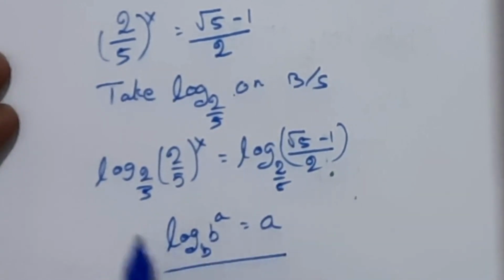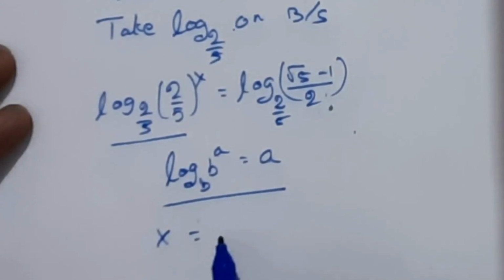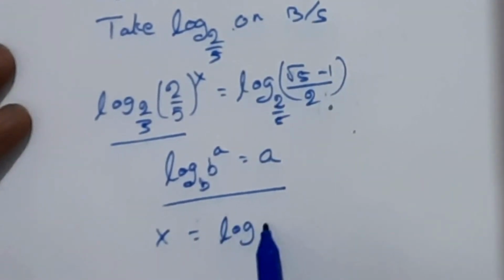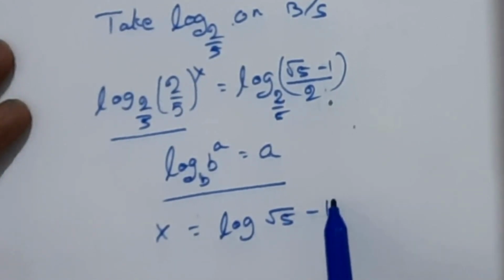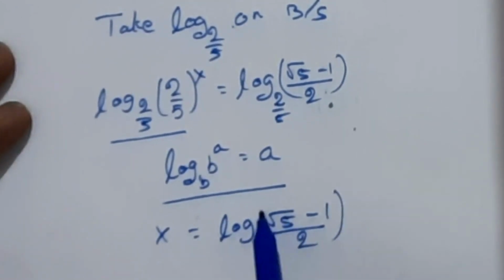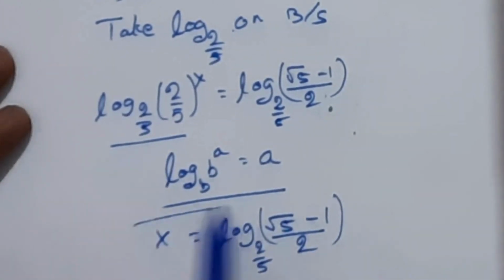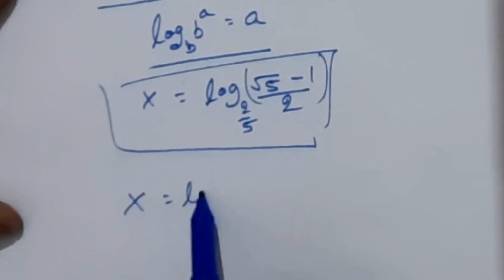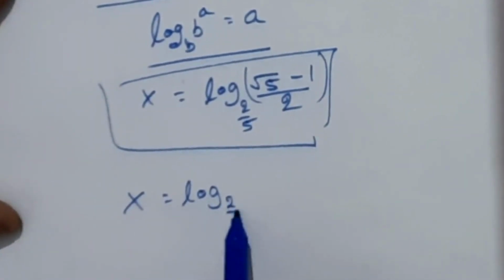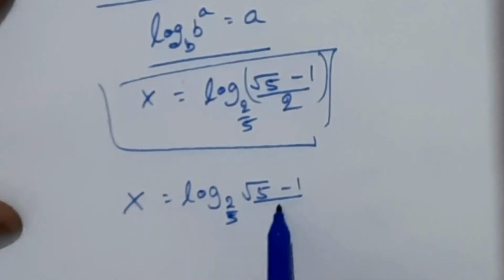We are going to apply this here, so it will be x equal to log of square root of 5 minus 1 by 2, base 2 by 5. This is the x value. x equal to log base 2 by 5 of square root of 5 minus 1 by 2.